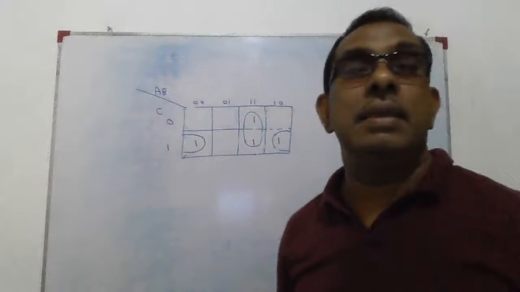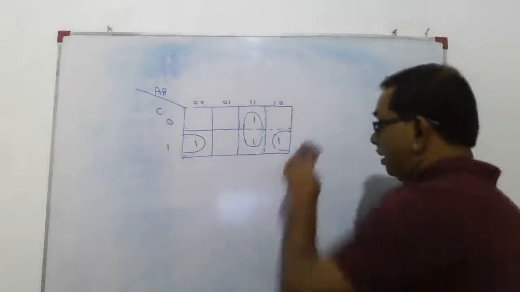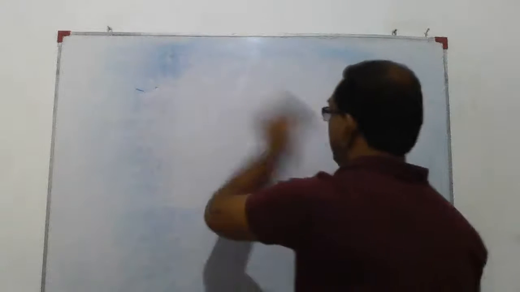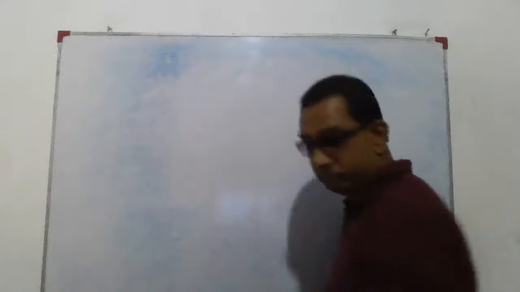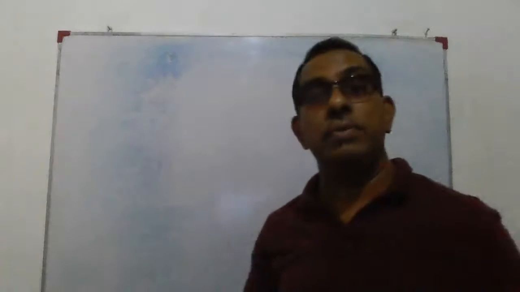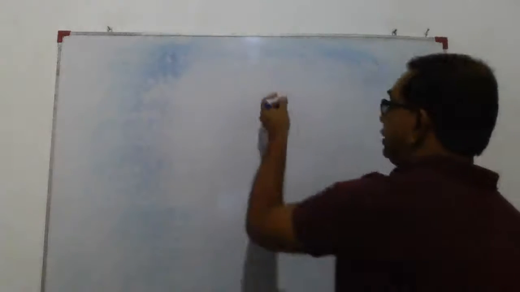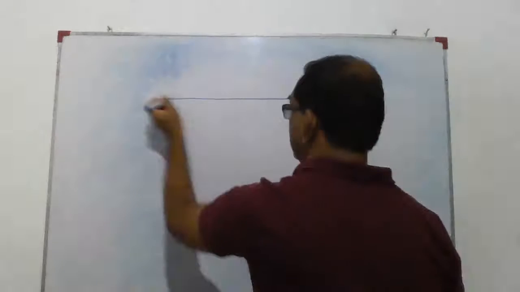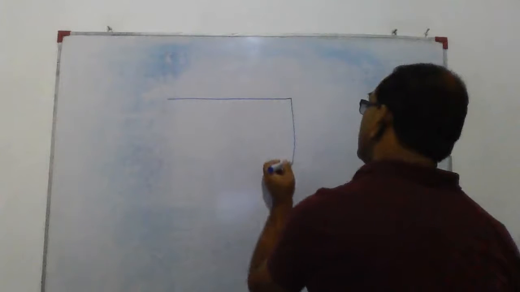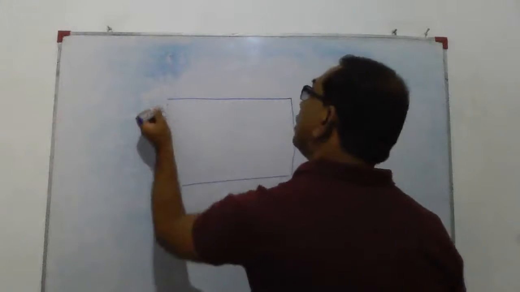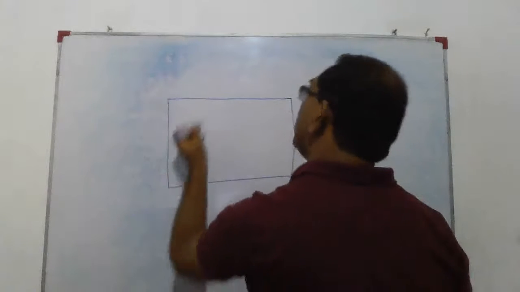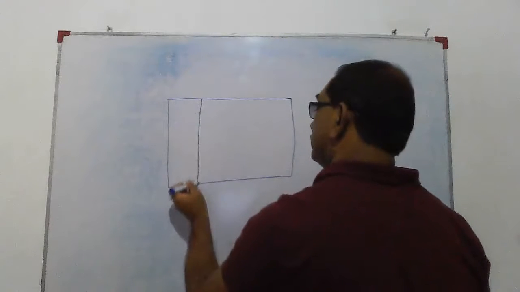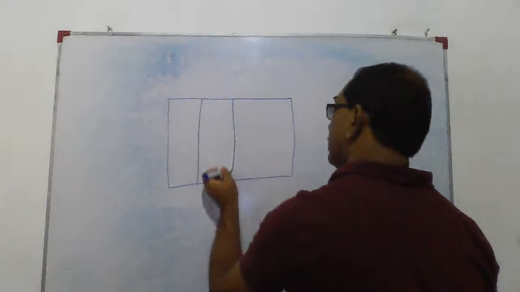Let's see. I would like to show you a 4 variable K-map again. So you can practice with these things. I'm going to draw a 4 variable K-map.